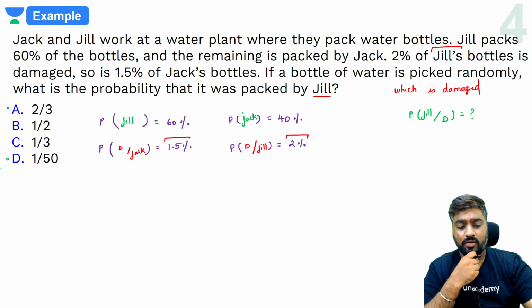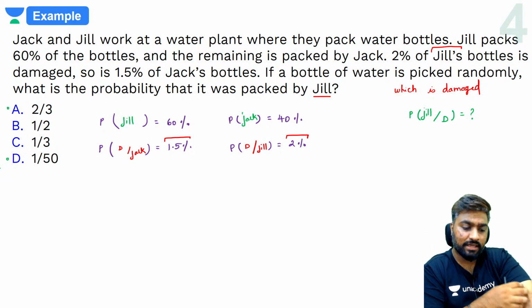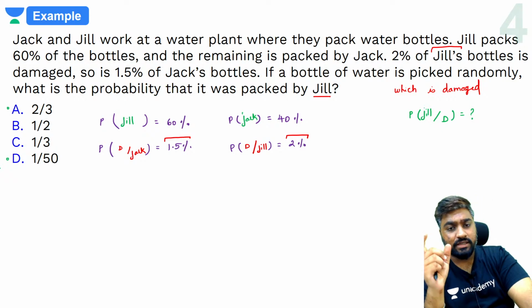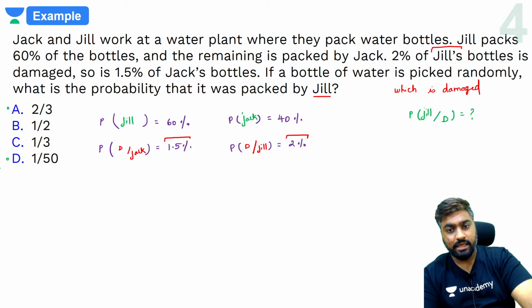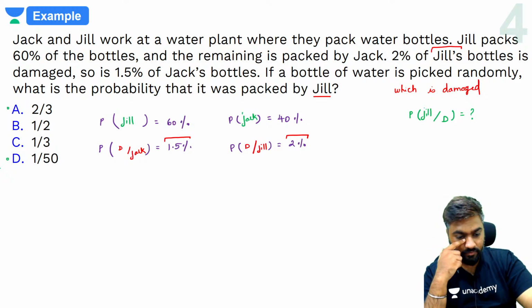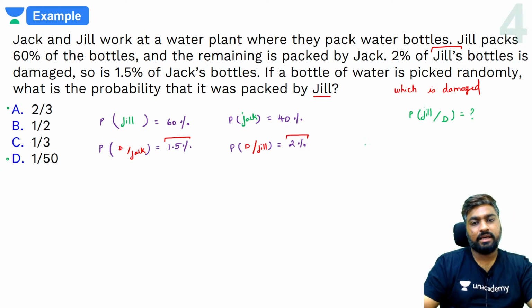Then what will happen here? You will have to consider both cases. First thing, you have to pick a bottle that is damaged, so its probability will be different. Yes, that's the conditional probability. When that condition is met, what are the chances it was filled by Jill? Okay, so by formula what will this become?